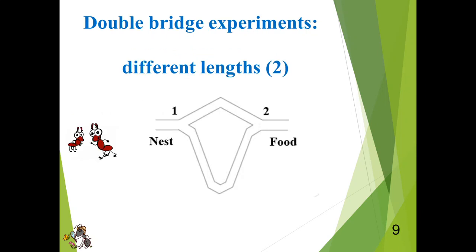In case number 2, we have the double bridge experiment with different lengths from nest to food.